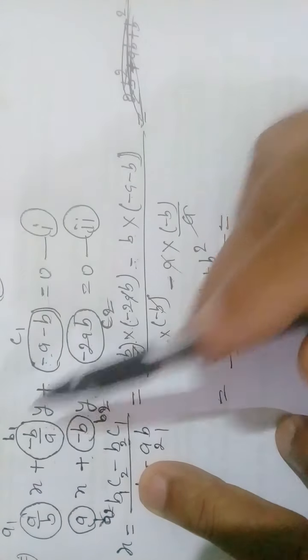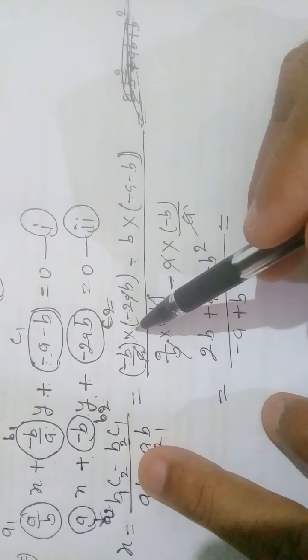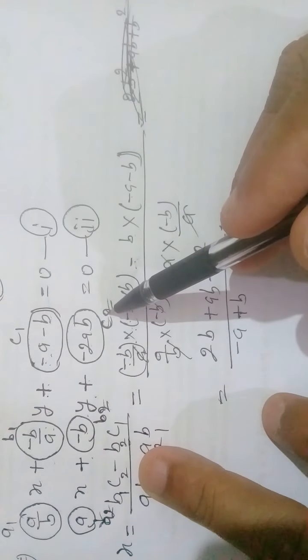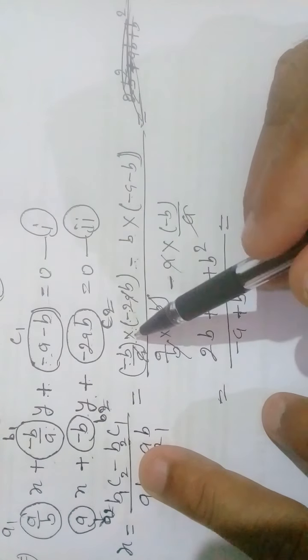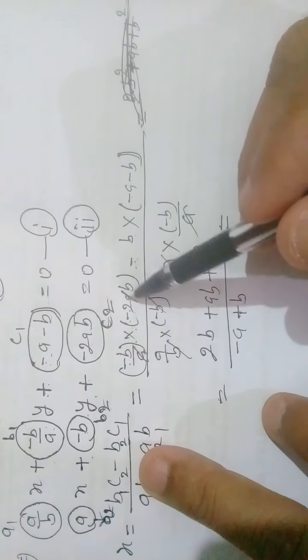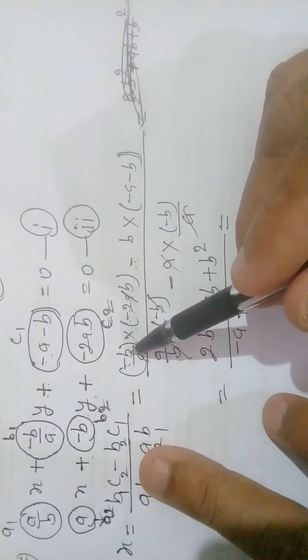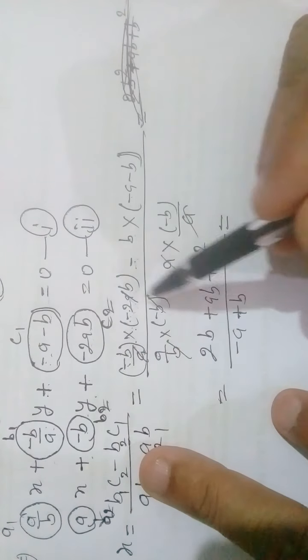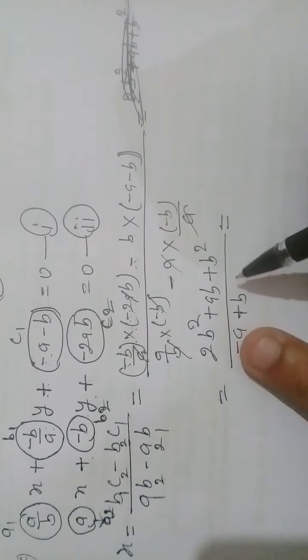Value of B1 is minus B by A into C2. Value of C2 is minus 2AB. My A cancel, minus minus plus, okay. 2B square and B 2B square. Here is the mistake, 2B square.